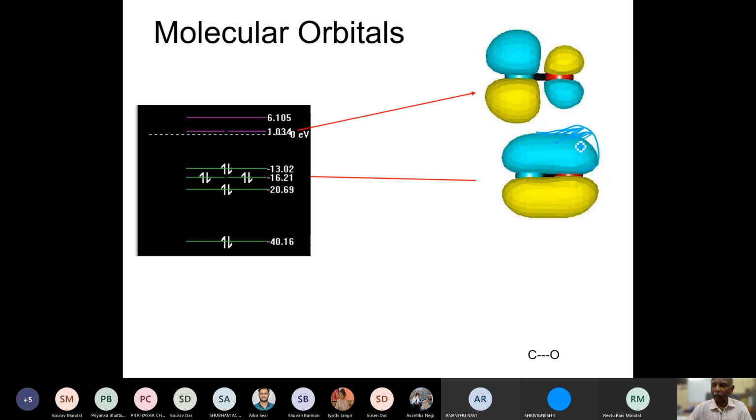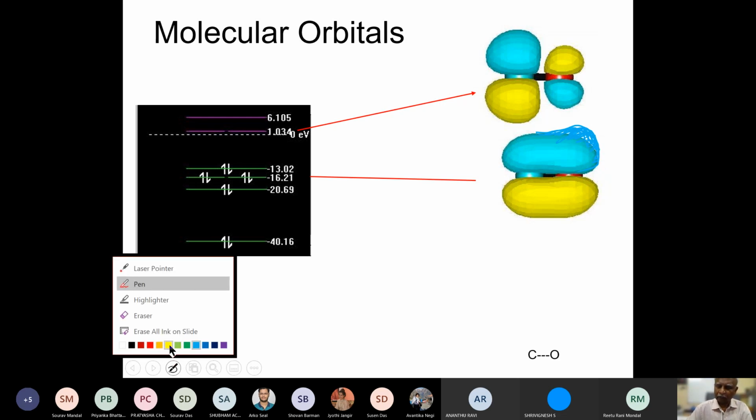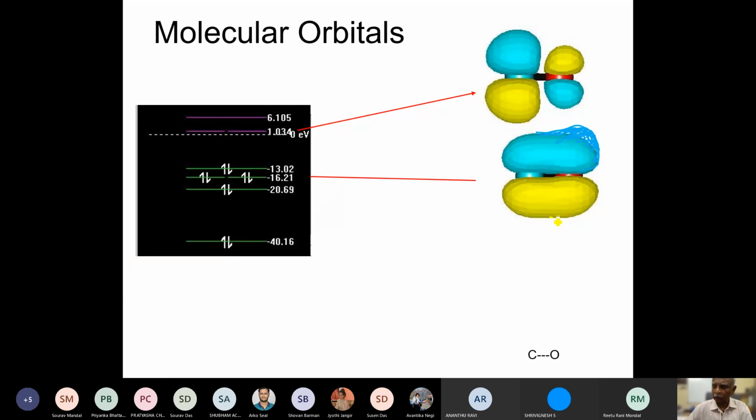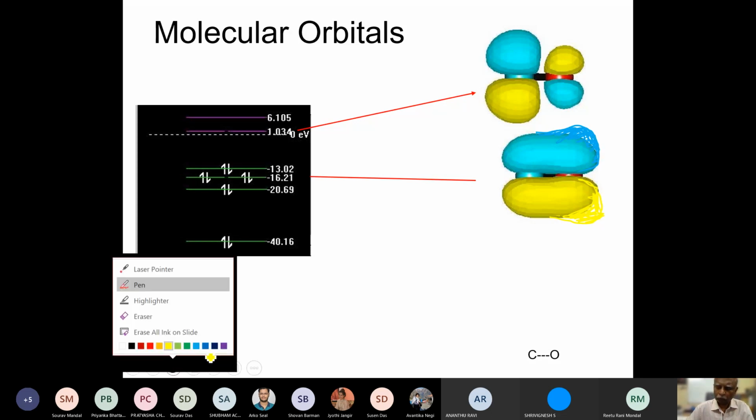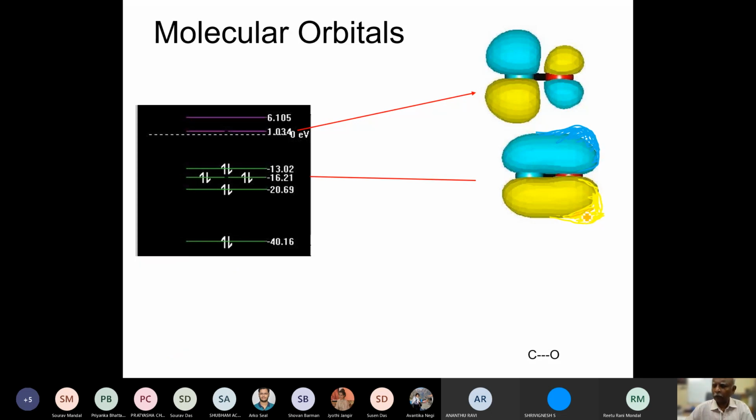Let me amplify it for emphasis. More contribution from the oxygen side and less contribution from the carbon side. So that's the nature of this orbital here. It has got more contribution from oxygen and less contribution from carbon.